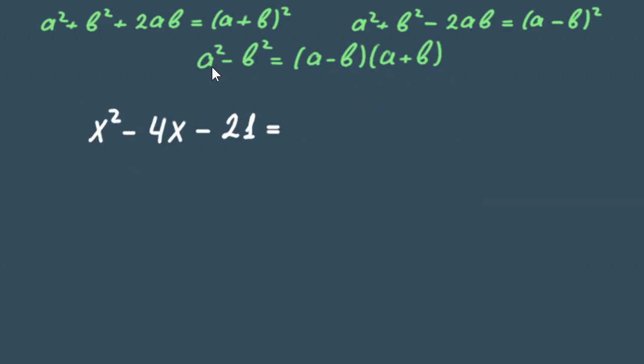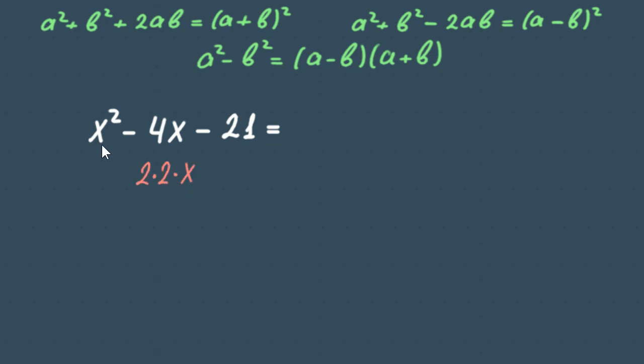I suggest you first pause the video and try to factor this square trinomial yourself. I give a hint. Negative 21 must be represented as 4 minus 25. 4 multiplied by x, I will write as 2 multiplied by 2 and multiplied by x.